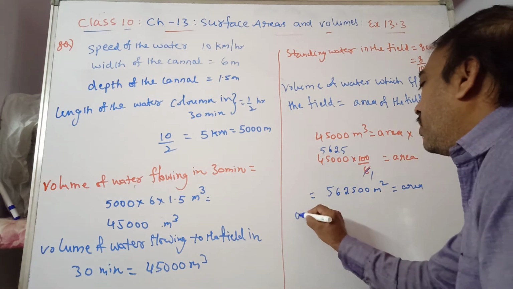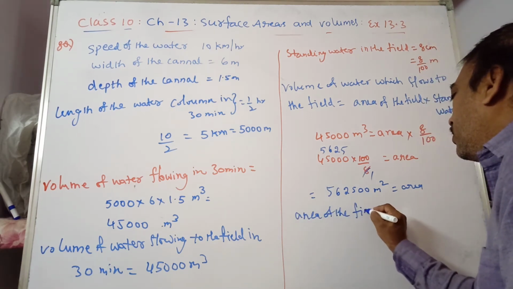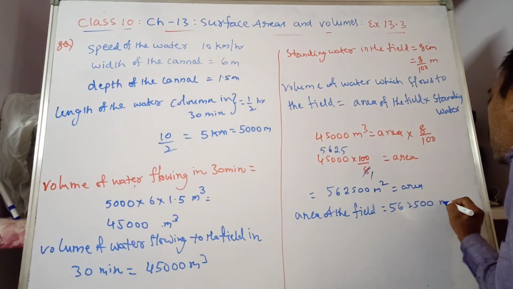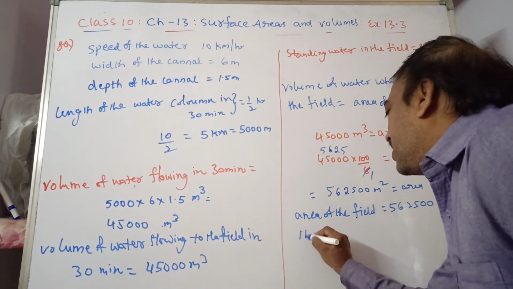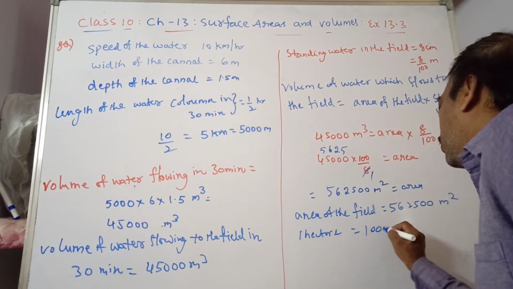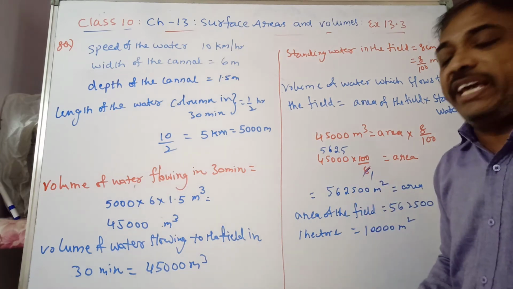So the area of the field is equal to 562,500 meter square. But in hectares, 1 hectare is equal to 10,000 meter square. This many meter square is equal to how many hectares?